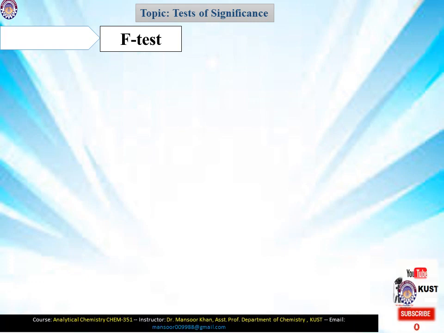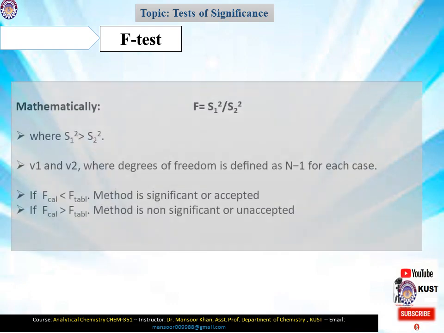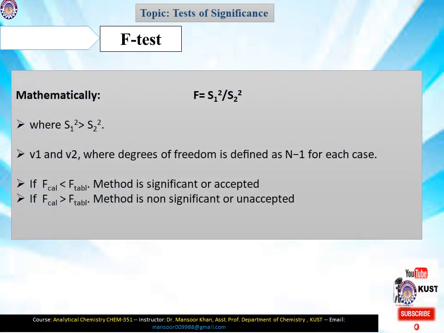S1 squared is the variance of your method, and S2 squared is the variance of the accepted, already reported method. So there are two, where V1 and V2 are the degrees of freedom.